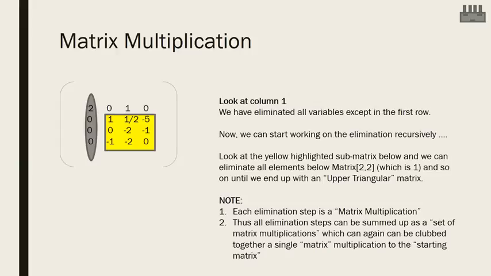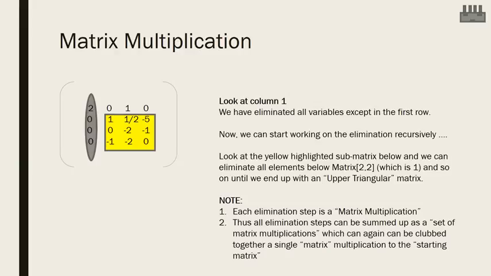So by representing things as a matrix and defining the operator, we are able to take a linear system of equations and change it to a triangular system of equations which can be solved.